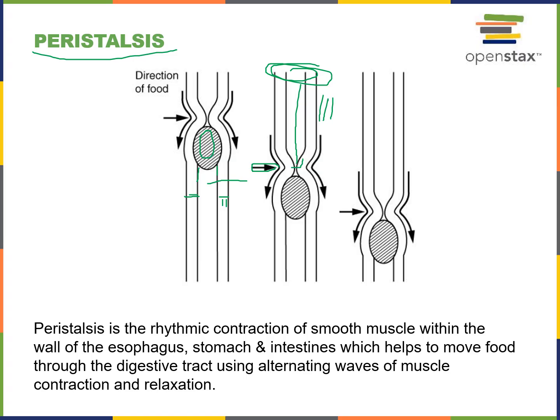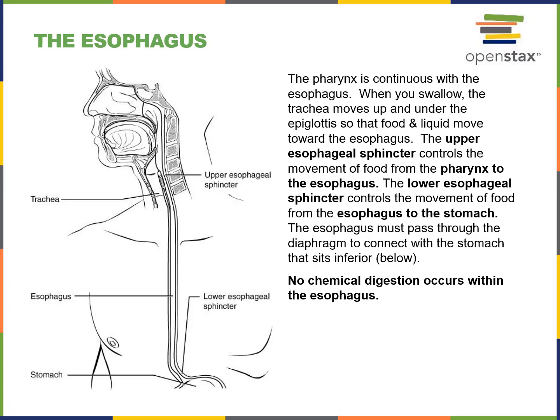And the longitudinal muscle, when it contracts, will shorten this a little bit. So that helps to propel the food along. This process is called peristalsis. Peristalsis occurs throughout the digestive tract. It begins in the esophagus, and this is how the food moves along.